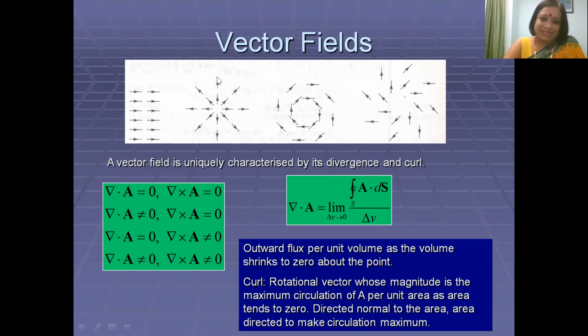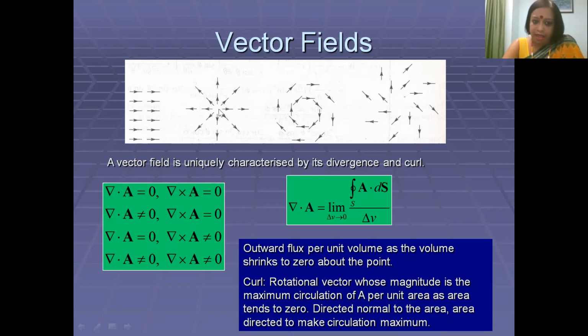Then we come to the second case. In this case, what is the value of curl? Curl will be 0. There is no curl. Divergence? Divergence will be positive. So there is a source. There is a source of fields at this point.